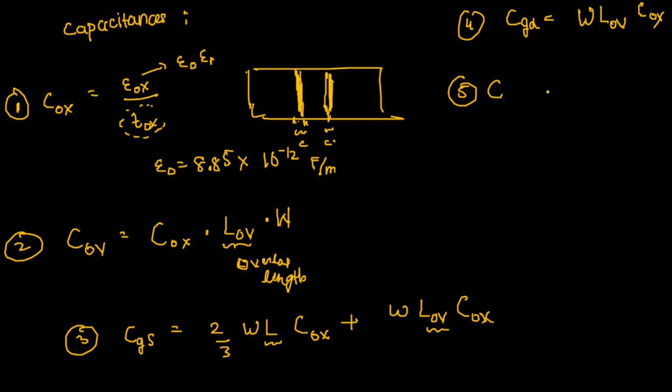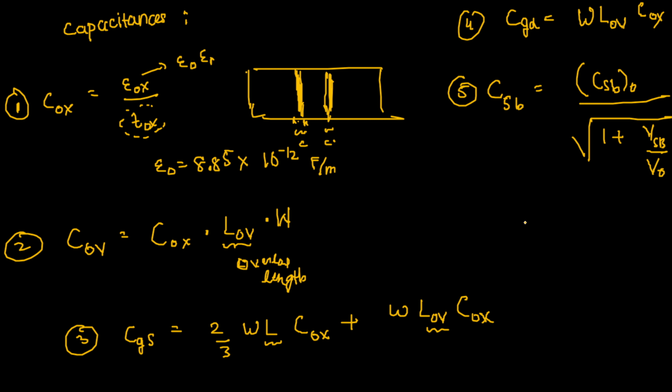Now we'll talk about the capacitances between the bulk and the source and the bulk and the drain. So CSB is given by CSB0 divided by root under 1 plus VSB divided by V0.